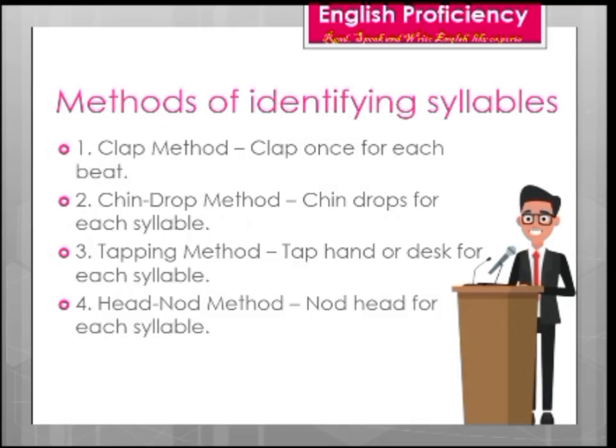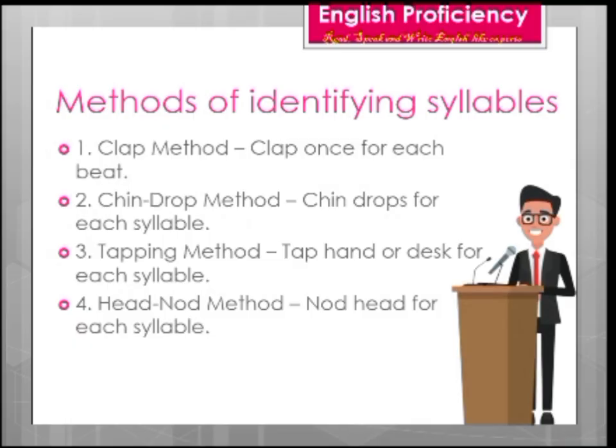Now, the next is the chin drop method. Your chin is the lower part of your mouth down here. So for example, for men, that is where your beards grow if you are a man. But some women even have hairs on their chin. So using the chin method, anytime that your chin drops when you are trying to pronounce a word, your chin will be going up and down because you are opening your mouth and closing to read.